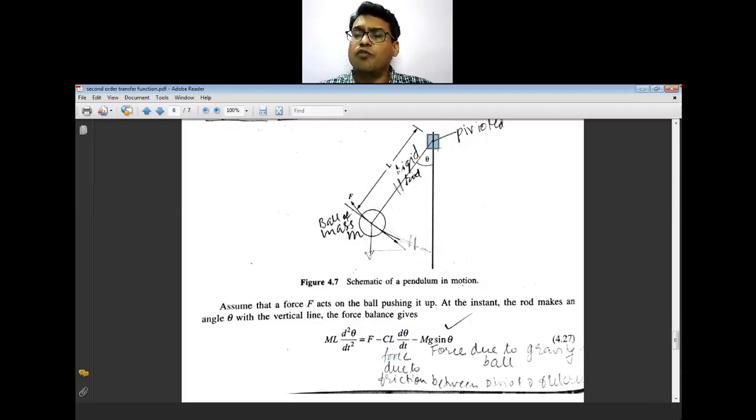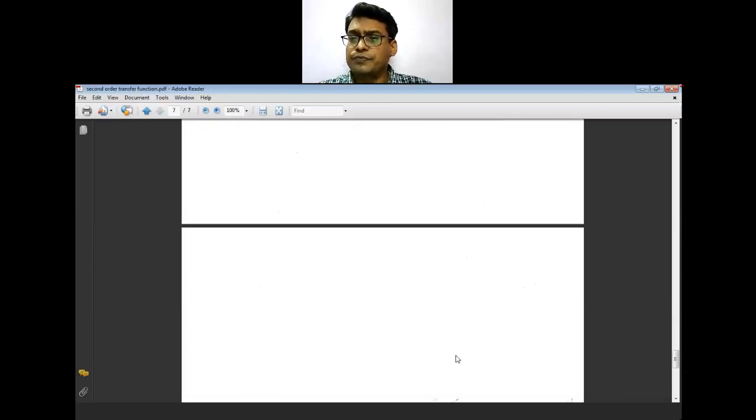At this point, whatever friction occurs is represented as C_L d theta/dt. And the gravitational force is the mass into gravity into sine theta. Theta is the vertical angle between the fulcrum and the rod. So this is your generalized force balance.